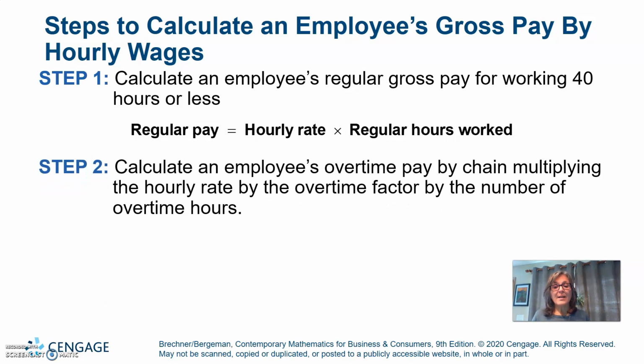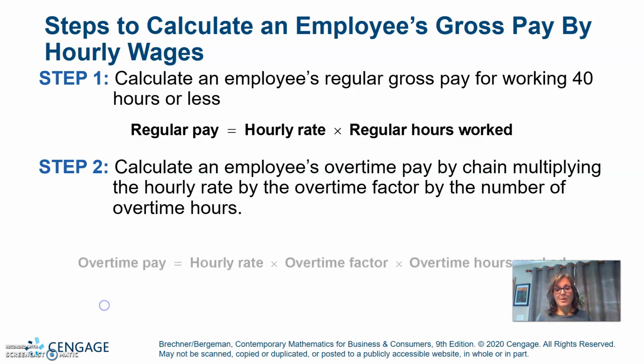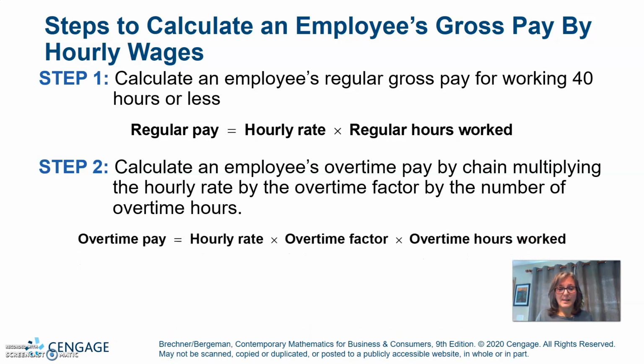To calculate the overtime pay, you multiply the hourly rate by the overtime factor by the number of overtime hours. Okay, so an example. I always feel like doing a problem is the best way to understand everything. So overtime pay is the hourly rate times the overtime factor times the overtime hours.